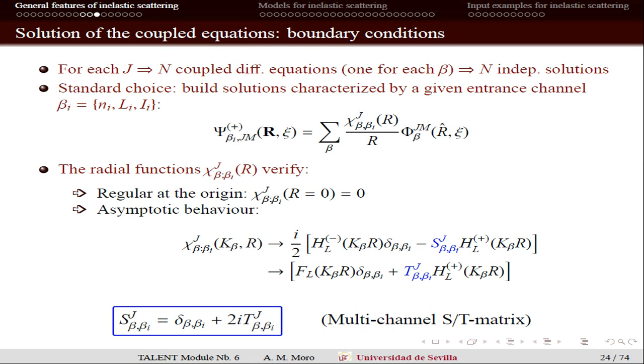We start with total J, we end up with total J. So the interaction can change L or I, but not the total J. It is conserved. But the beta can change. If we start with some particular channel, beta I, the interaction can change this beta, and the system can end up in a different channel, in principle in all possible final channels. This is the interpretation of these chi functions.